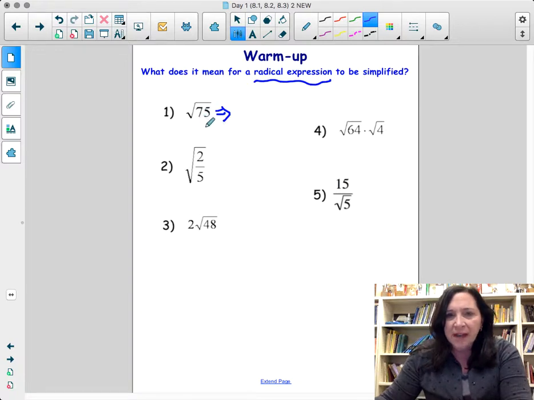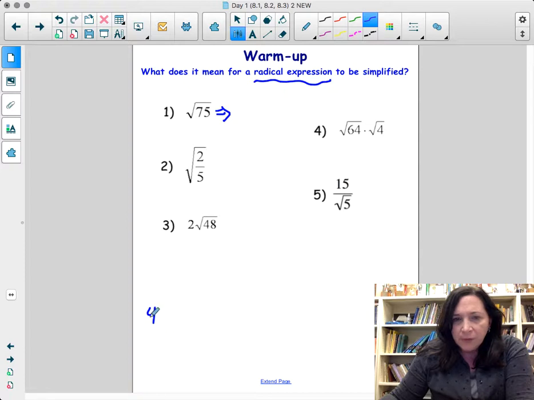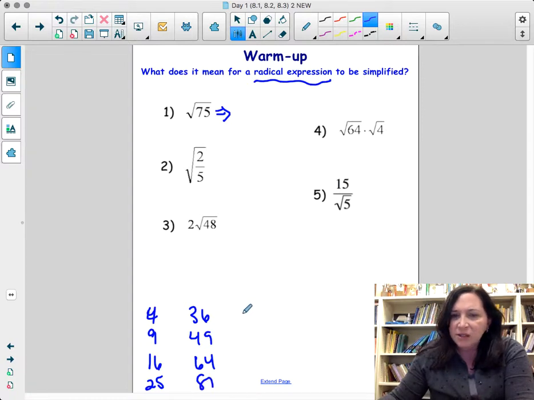Okay, so anyway, in order to reduce these roots, you want to be able to divide perfect squares into them. So you're thinking perfect squares. Just to review, 1 squared is 1, 2 squared is 4, 3 squared would be 9, 4 squared would be 16, 5 squared would be 25, 6 squared would be 36, 7 squared would be 49, 8 squared would be 64, 9 squared would be 81, 10 squared would be 100.